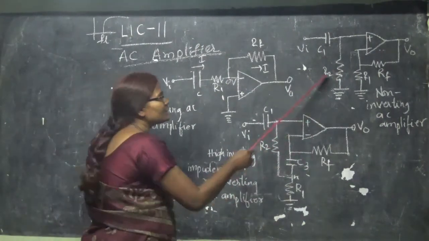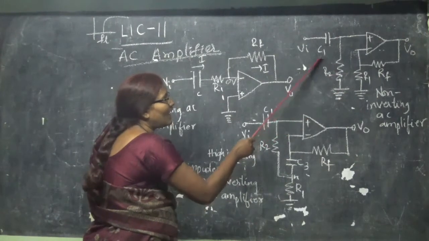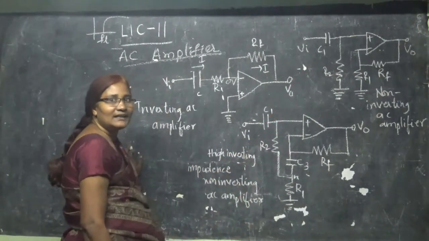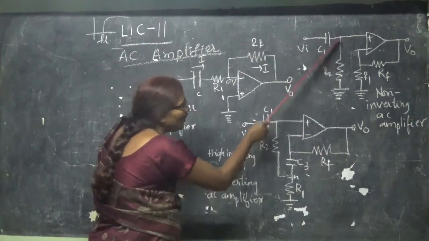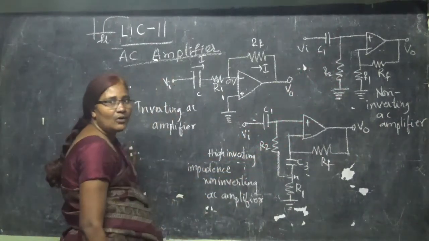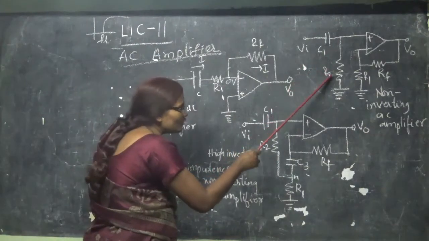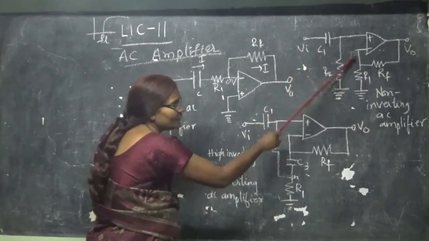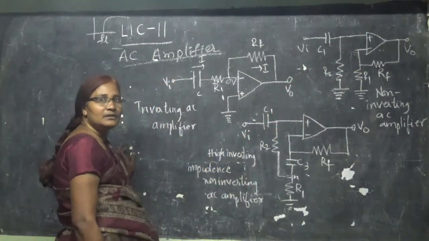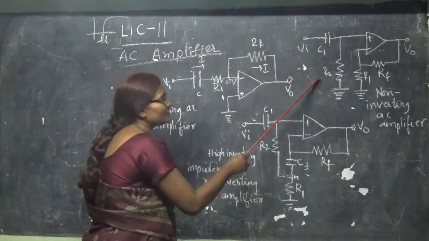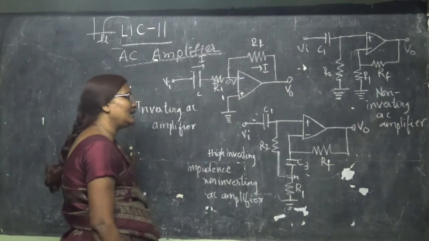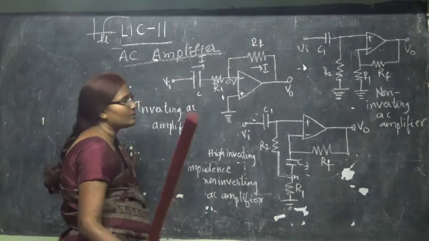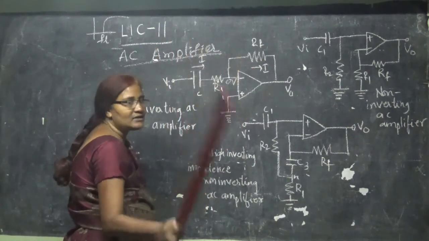To make it ground, R2 should be small. When it is small, all DC will be comfortably grounded. But if R2 is small, the input impedance of your op amp is going to be small. So this is not tolerable. The input impedance of any electronic circuit should be as high as possible.